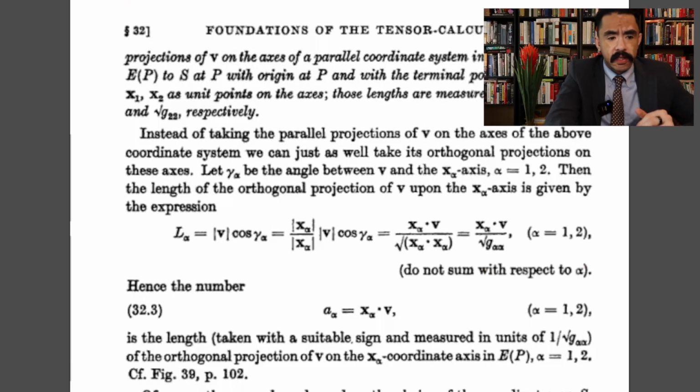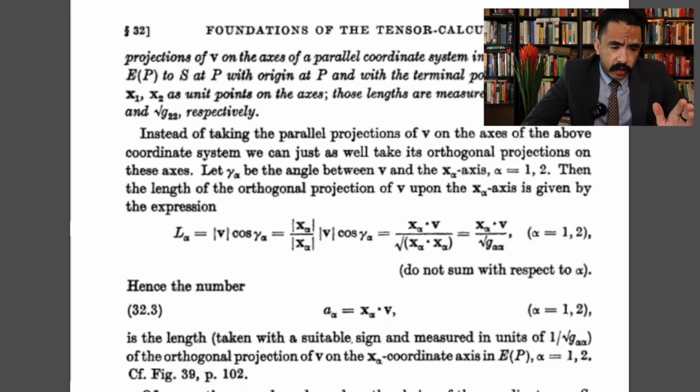expression L sub alpha is equal to the magnitude of v times the cosine of gamma sub alpha, which equals the magnitude of x sub alpha over the magnitude of x sub alpha times the magnitude of v times cosine of gamma sub alpha, which is equal to a fraction with the numerator x sub alpha dot v, over the denominator, the square root of the quantity x alpha dot x alpha.